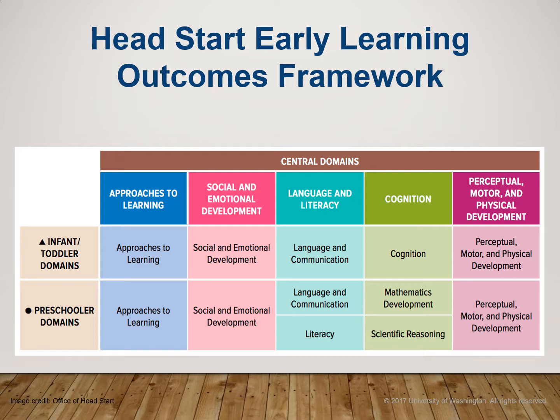The framework supports the learning and development of all children, including children who are dual language learners and those who have disabilities. It guides curriculum selection, implementation, and assessment, and is a tool for planning and assessing teaching and learning experiences and children's progress towards school readiness goals.